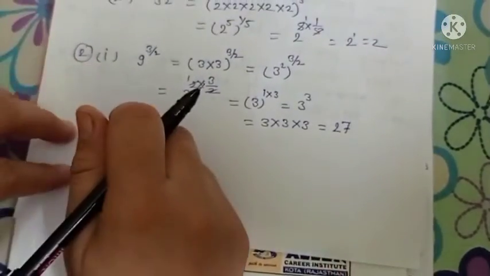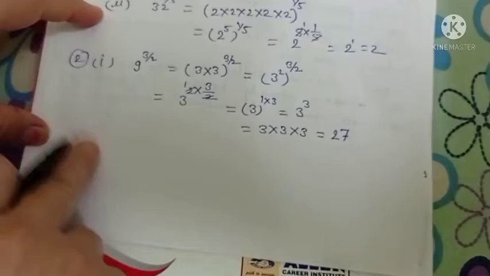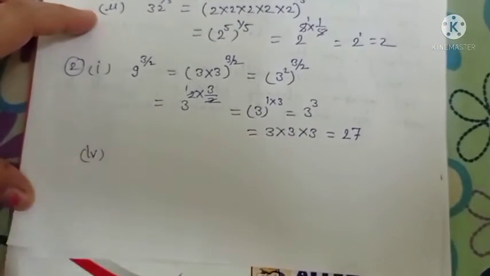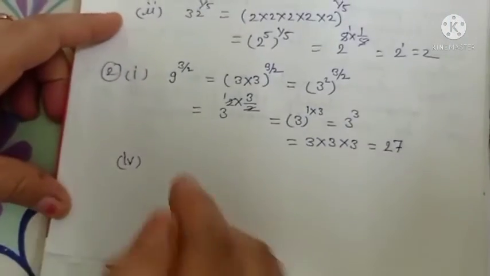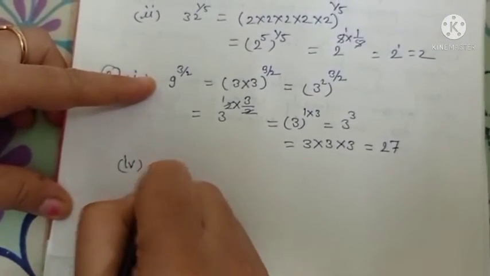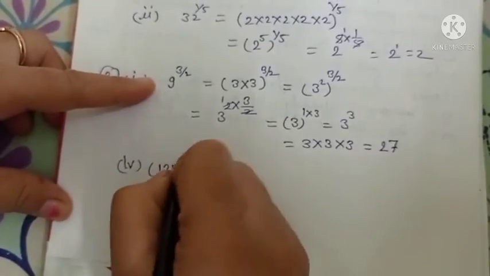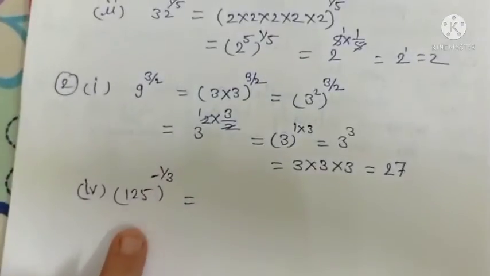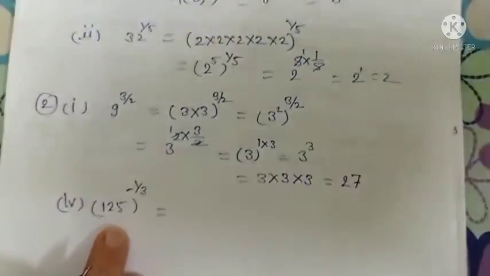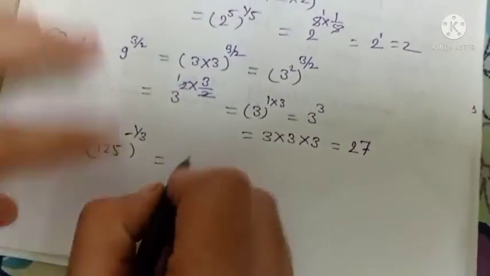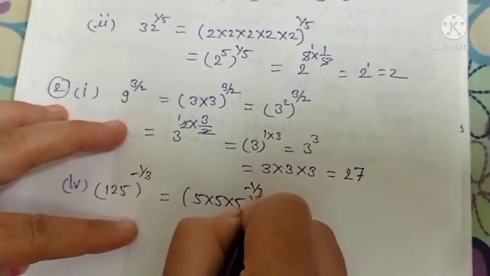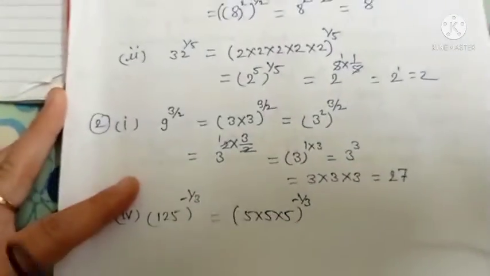Similarly we can do the second and third parts, and I am doing the fourth part of the second question. 125 power minus 1 upon 3, and we know that we get 125 when we multiply 5 three times, 5 into 5 into 5, to the power minus 1 upon 3.